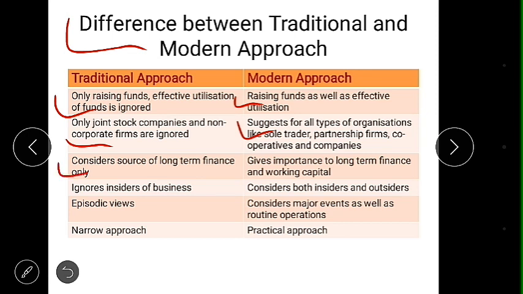Considers source of long term finance only. ट्रेडिशनल अप्रोच है वो लॉन्ग टर्म फिनेंस के बारे में ही सोचता है.